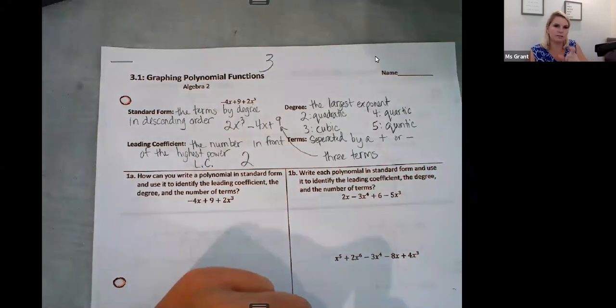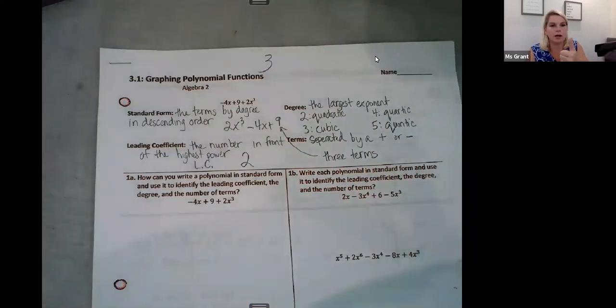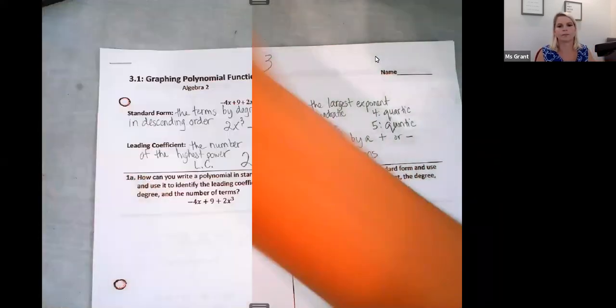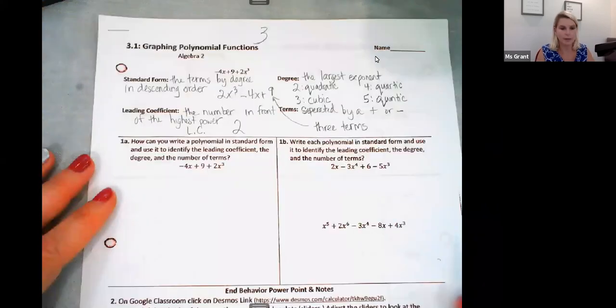Each separation of a number and a variable, an exponent, all together is a term. Okay, I'm going to move on.